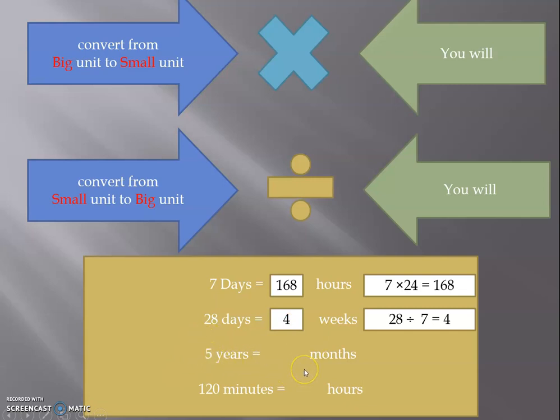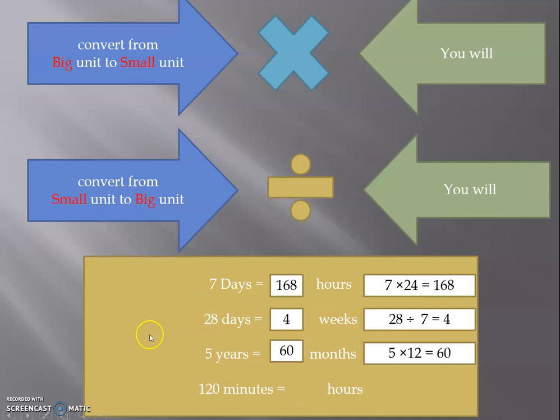And the other number: I know that 1 year is made of 12 months, so I will use 12. So 5 times 12 equals 60. So 5 years is made of 60 months, or 60 months together make 5 years.